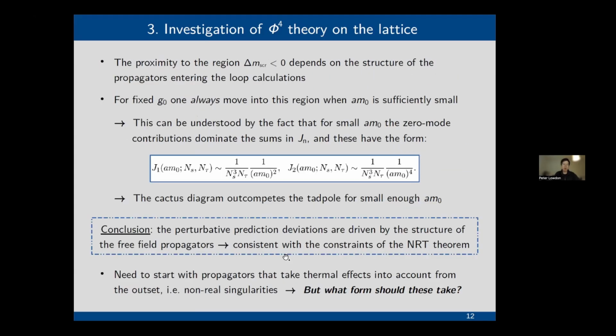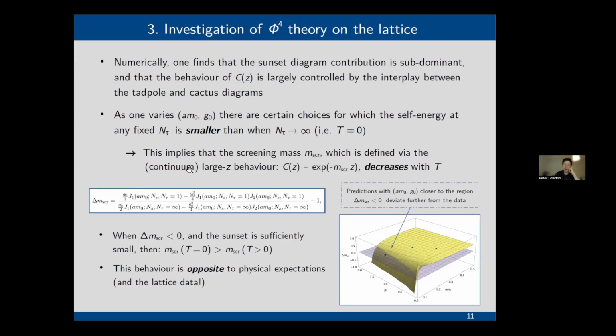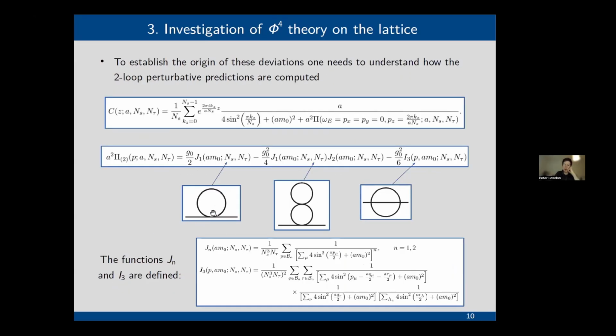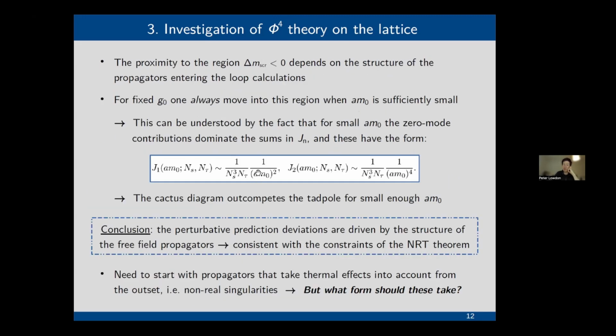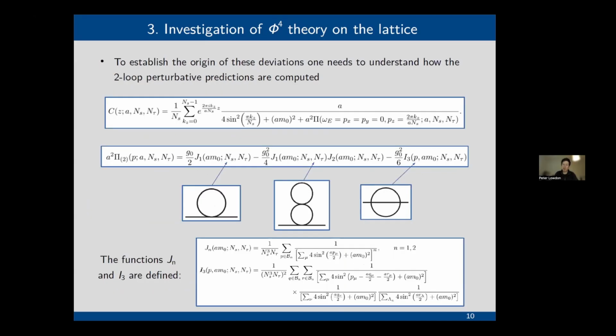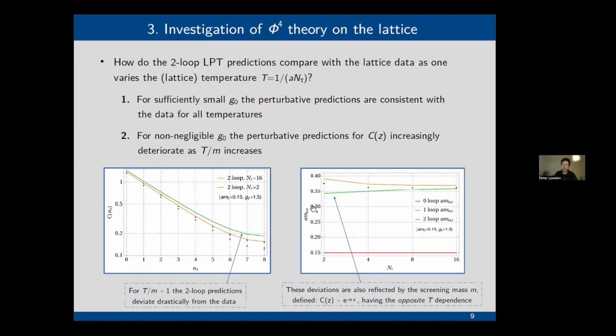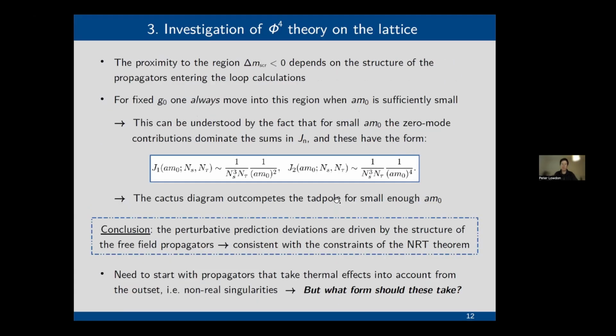And what you can show is that the zero mode for this tadpole diagram and the cactus diagram, they scale with the bare mass in this way, 1 over m squared, 1 over m to the 4th. So for sufficiently small m0, this will outcompete this guy, and that drives this behavior. It drives the screening mass to go negative, and this is what causes these deviations away from the data.